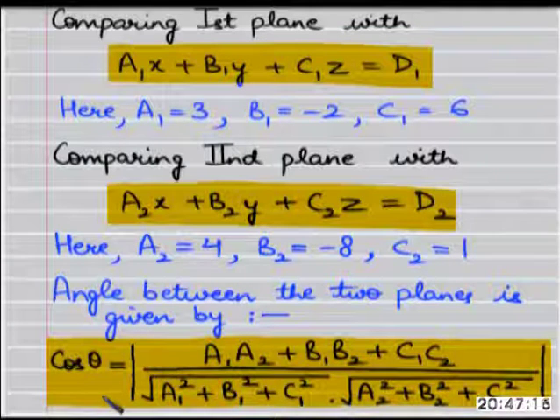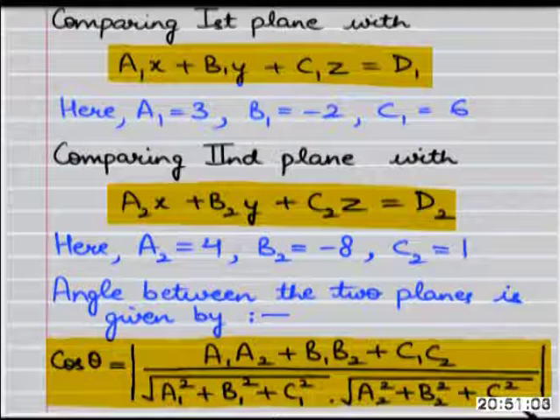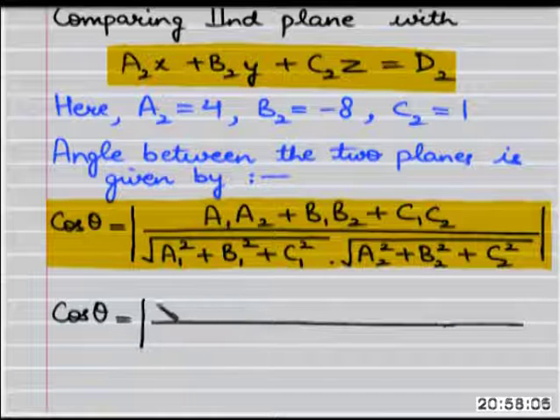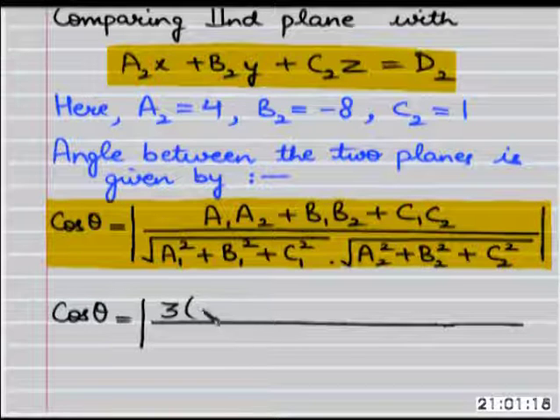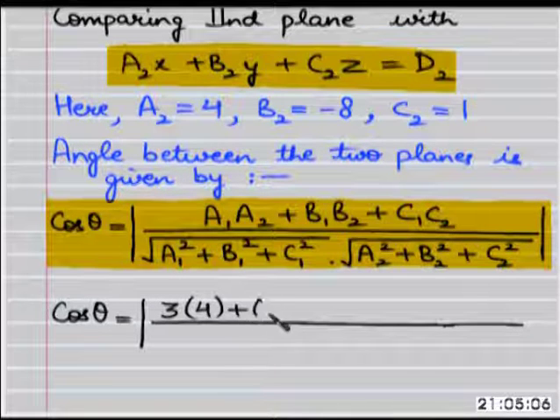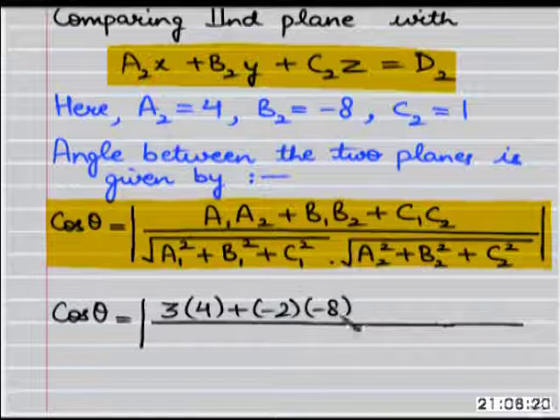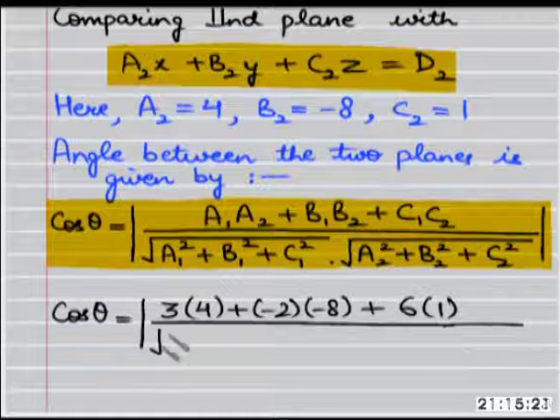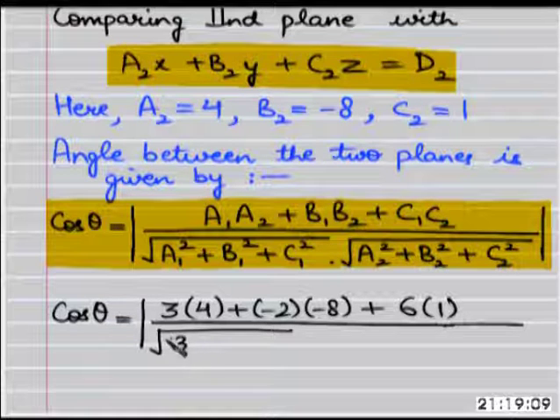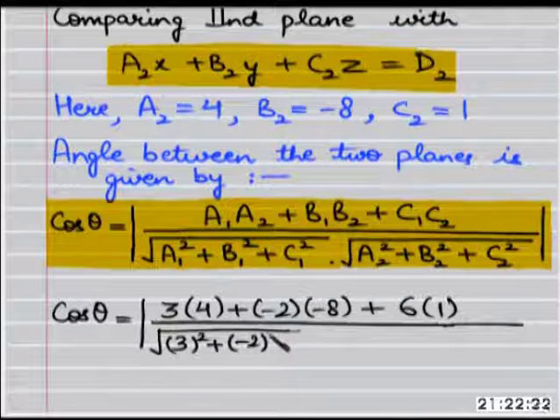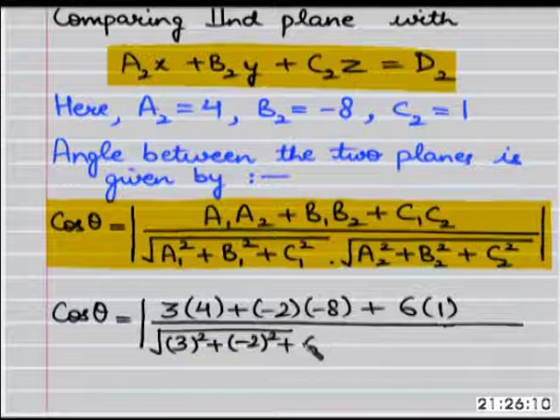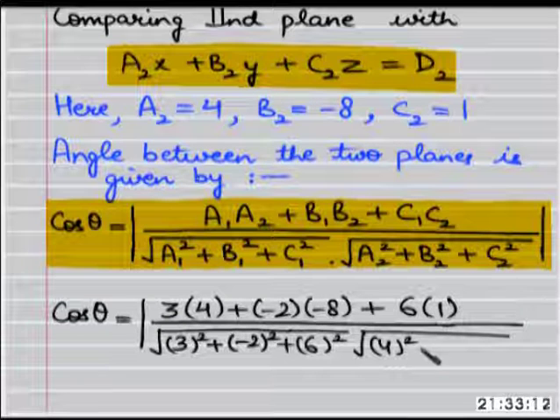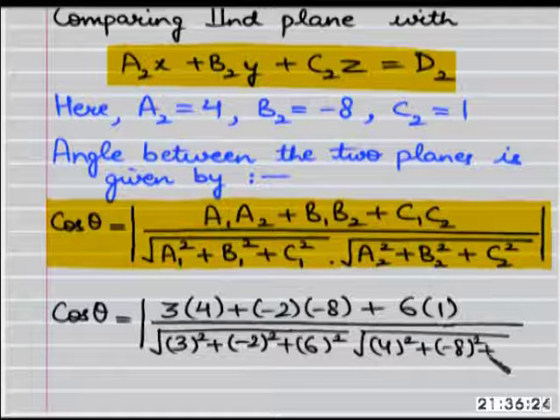Now, on substituting the above values in this formula, we get cos theta is equal to modulus of 3 into 4 plus minus 2 into minus 8 plus 6 into 1 whole divided by square root of 3 square plus minus 2 square plus 6 square into square root of 4 square plus minus 8 square plus 1 square.